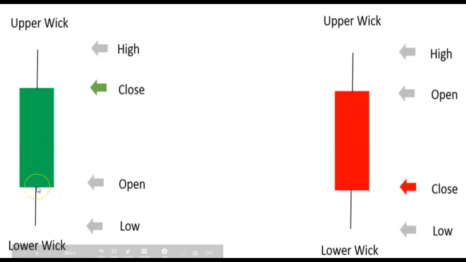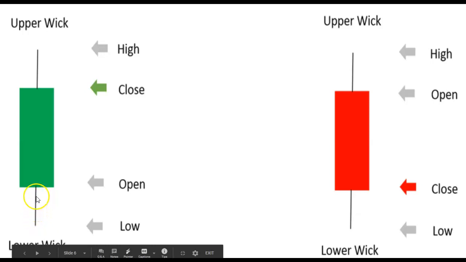You just need to understand this about the wick. The wick tells you that the stock opened here at some point during the time frame. Let's say this was a 5-minute time frame. At some point during the 5 minutes, the price went down here, but it opened here. This is why we have the starting of the body. Price went down here, but it got bought back up, and it created this lower wick.